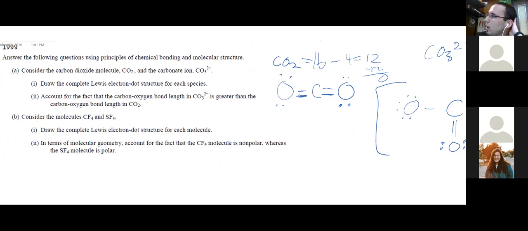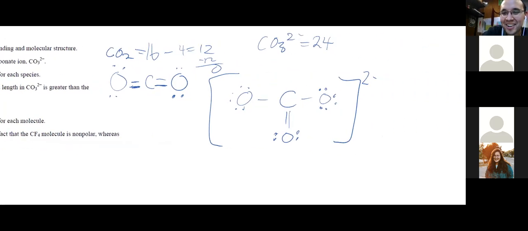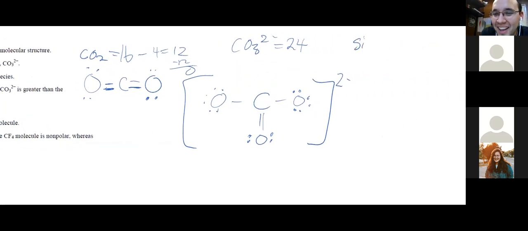What kind of bonds are the longest and what kind of bonds are the shortest? A single bond is longer than a double.